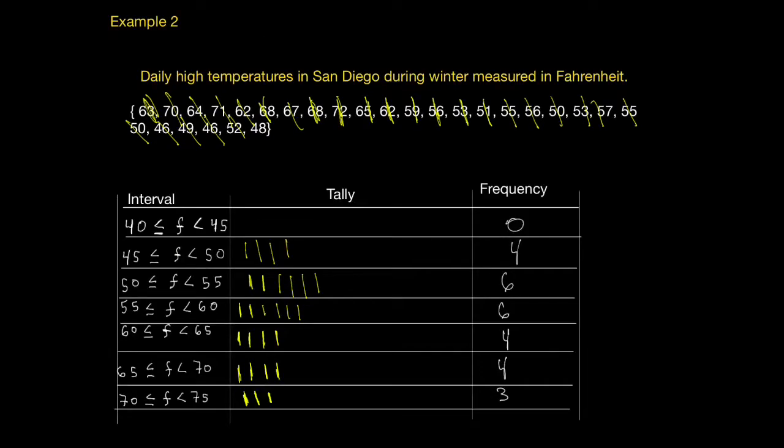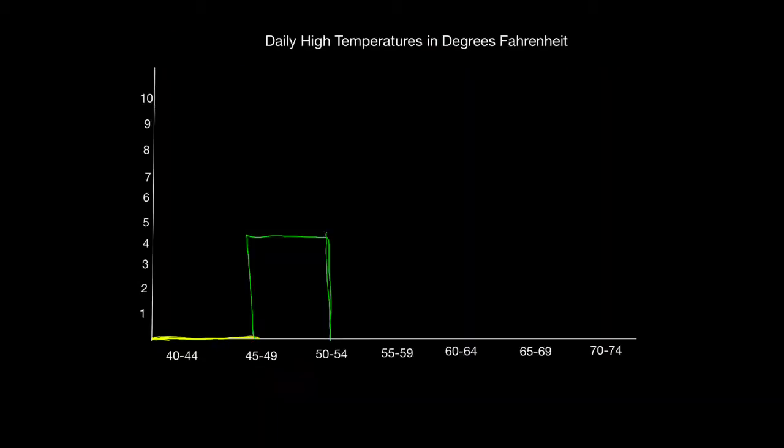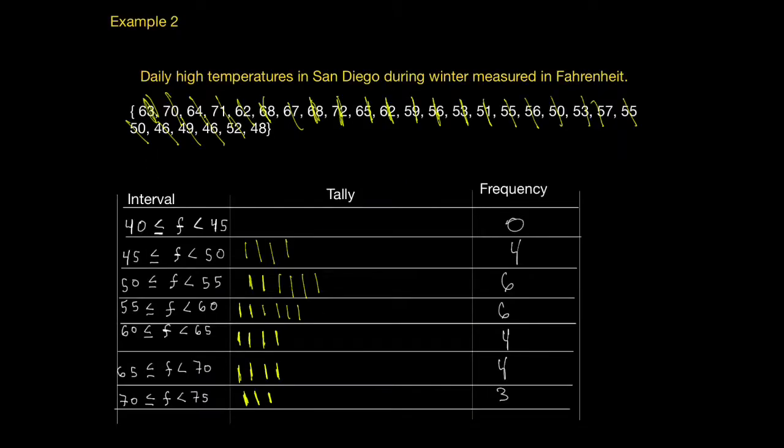So for the third bin we are going to go up to 6, which is about there. We're going to go down to the next bin, 55 to 59, which is also 6.